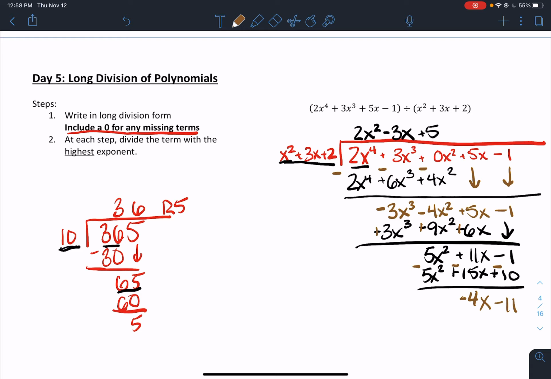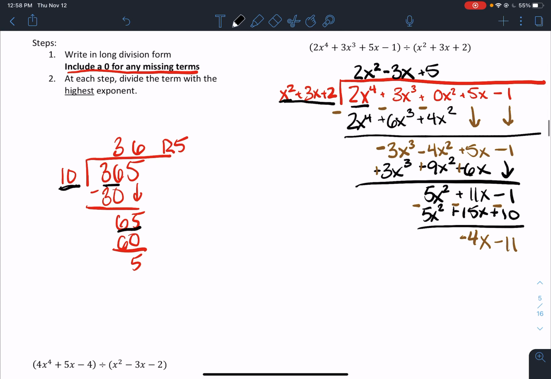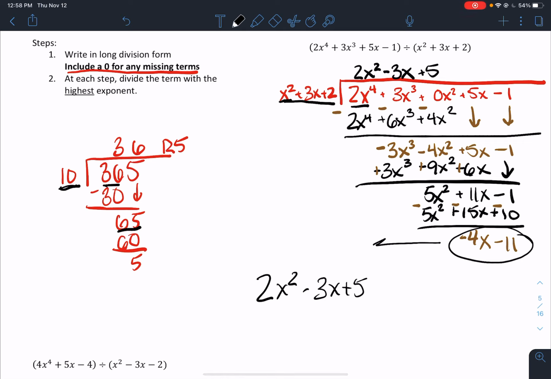This is my remainder. So my solution here, my quotient, is 2x squared minus 3x plus 5, and here's my remainder. To express my remainder, the first thing I'm going to do is say that it's negative 4x minus 11, and I'm just going to factor that negative out, so that way this becomes subtraction here. It's just better form.